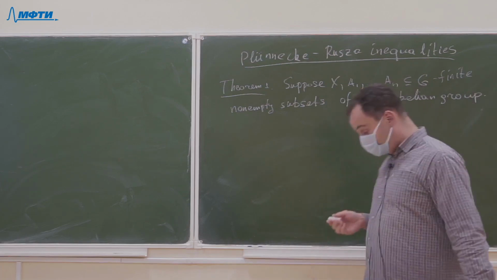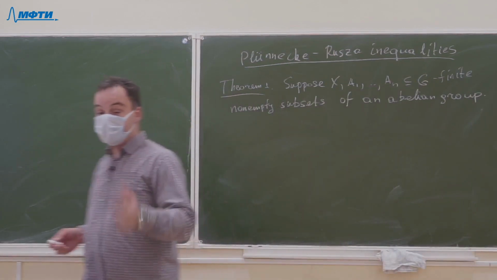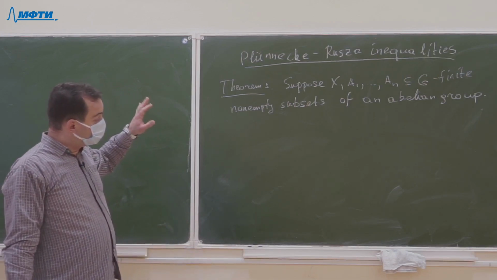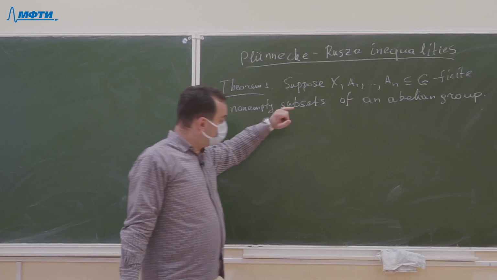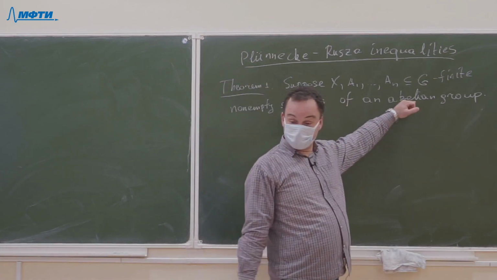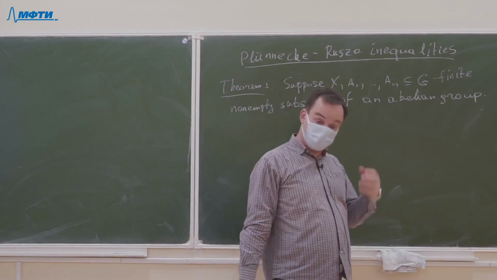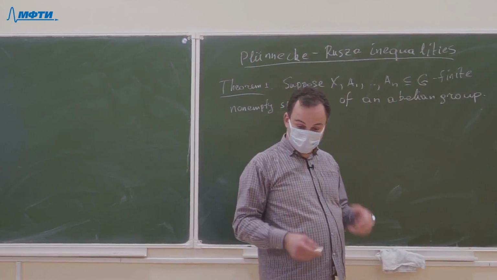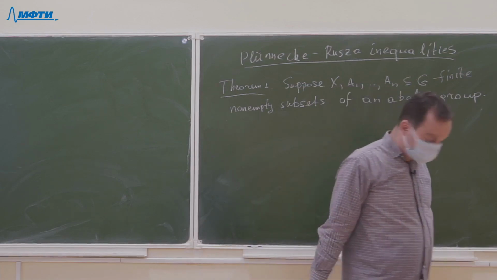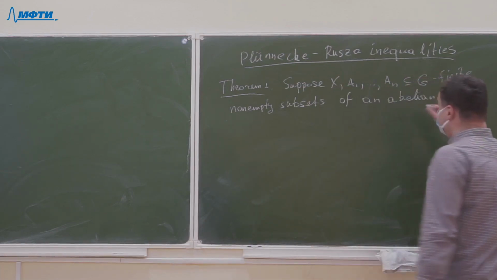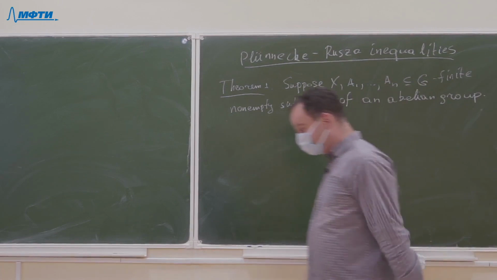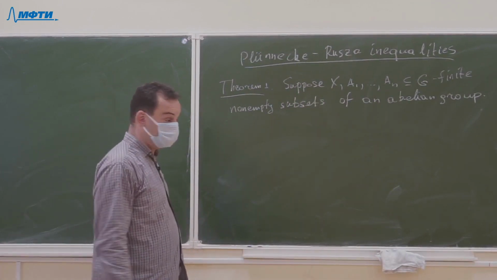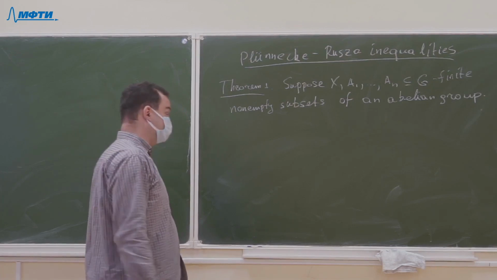The fact that the group is abelian is very important for this result. Actually, it's not true when the group is not abelian. So we substantially use this fact that the group is abelian, and as I said, it's not working otherwise.